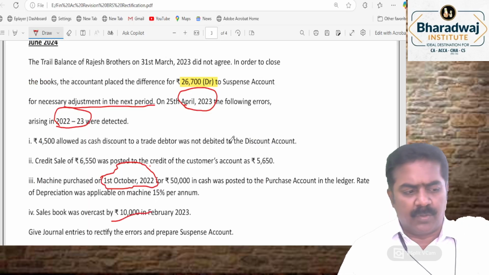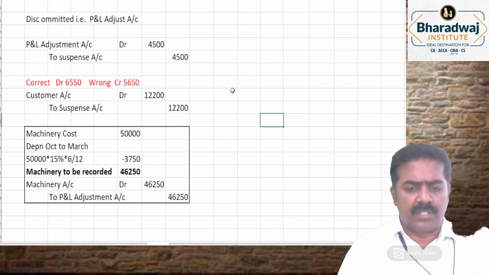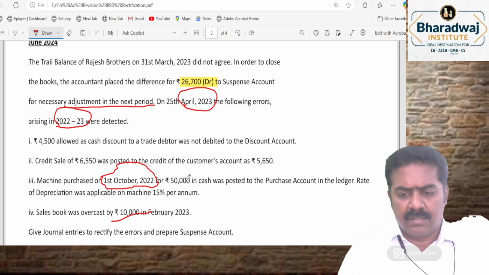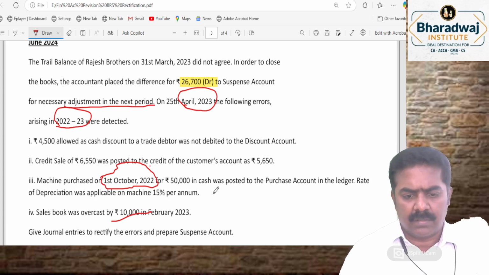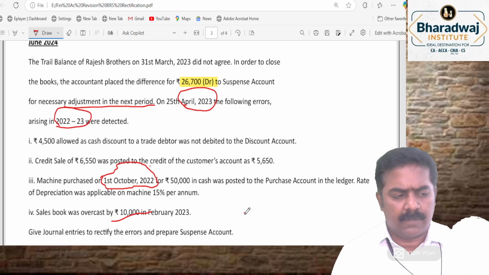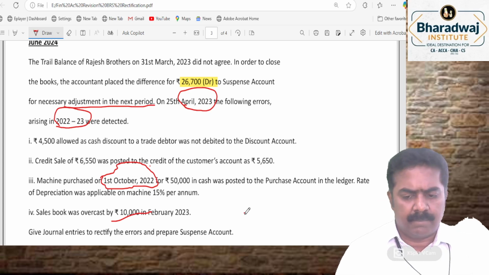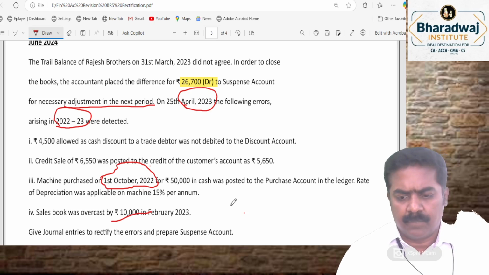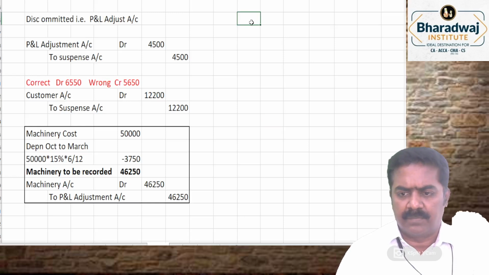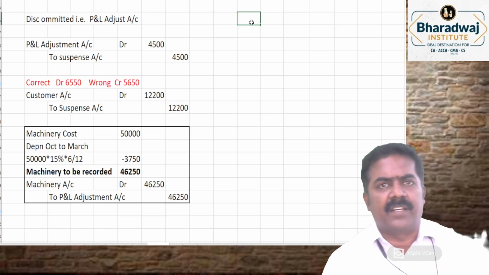Sales book was overcast. Sales will have a credit balance.